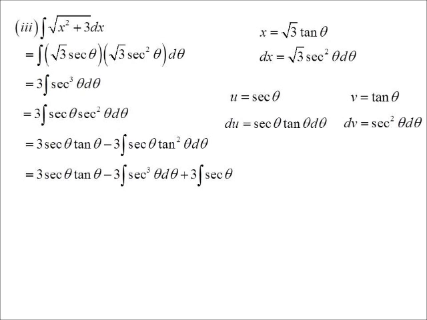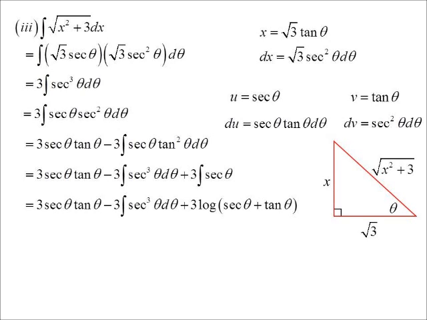So I split that up, it becomes sec cubed minus sec theta. Now, the integral of sec is the log of sec plus tan. And sec cubed, oh, that's what I'm trying to work out. That's okay. Get my little triangle and sub back in.